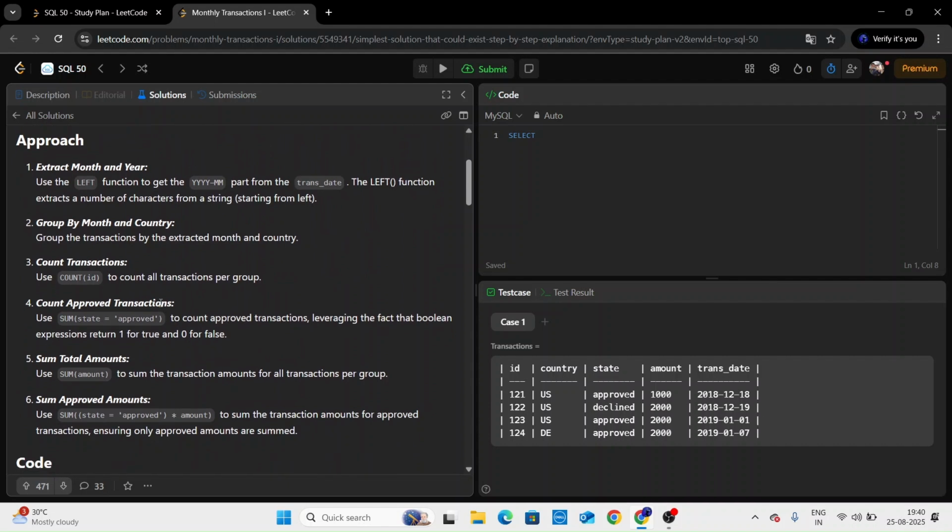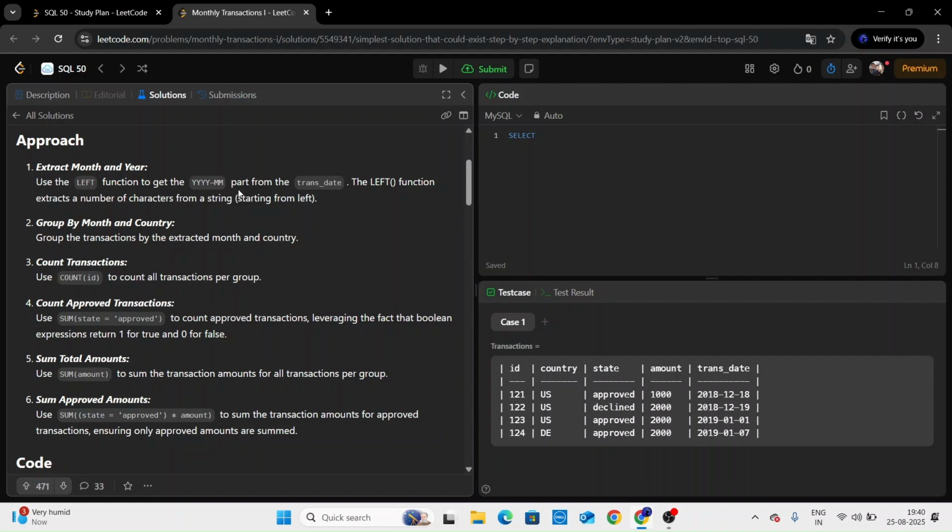Okay, basically what we learned is that the left function is used to get the characters of a string starting from the left. So I think we need to mention the number of characters. I'm not sure, we will see the solution.